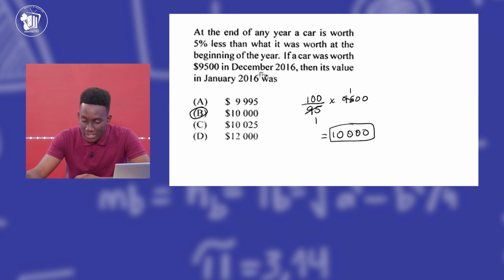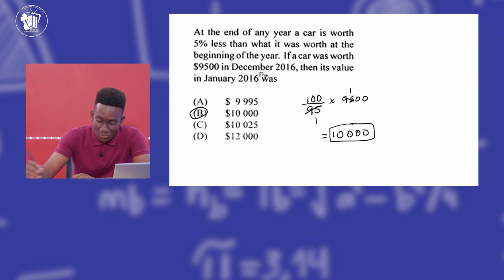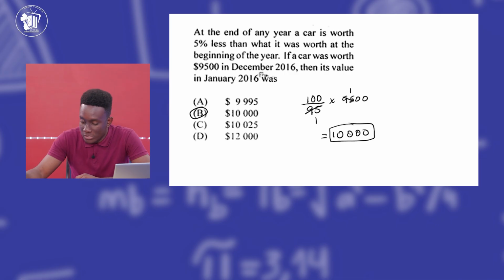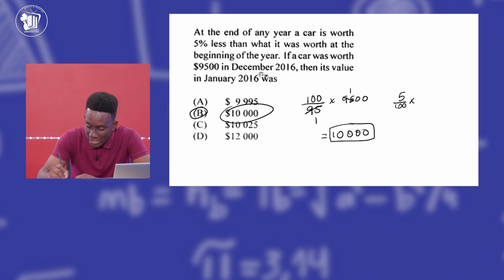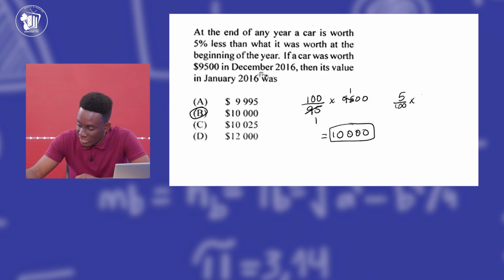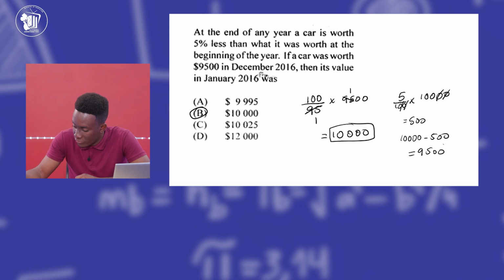We know the car will depreciate at 5%, and this should give us 95 after the 5% comes off. So this will be 5 over 100 multiplied by, let's do 10,000. So 5% of 10,000. This 0 goes with that 0, this 0 goes with that 0. So 5 times 100 would be 500. And we know 10,000 subtract 500 would be 9,500.